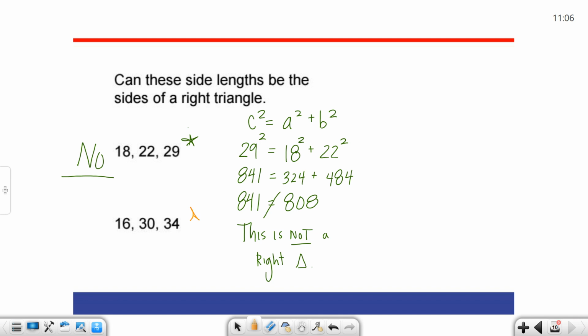Okay, so let's do this one, and let's do this one in orange. C squared would equal a squared plus b squared. My longest side is 34. Let the calculator do the work.